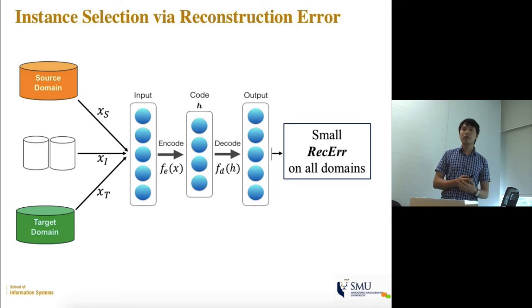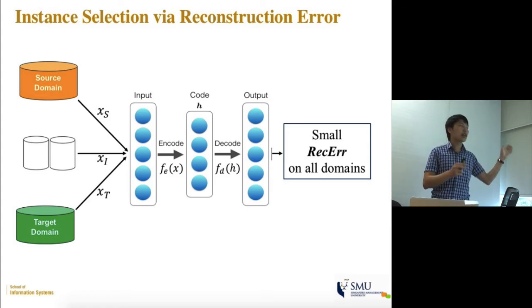Without the source domain, when you train only on the target domain, it will return a pair of encoder and decoder.